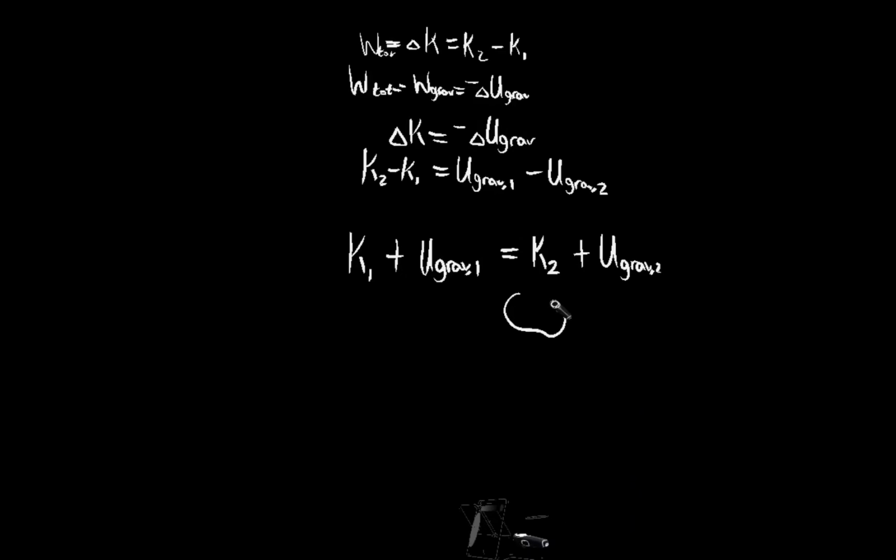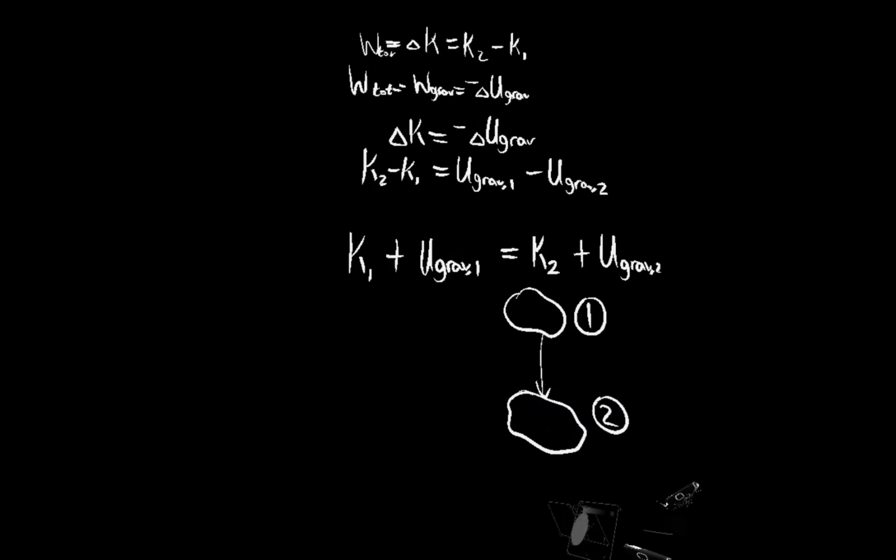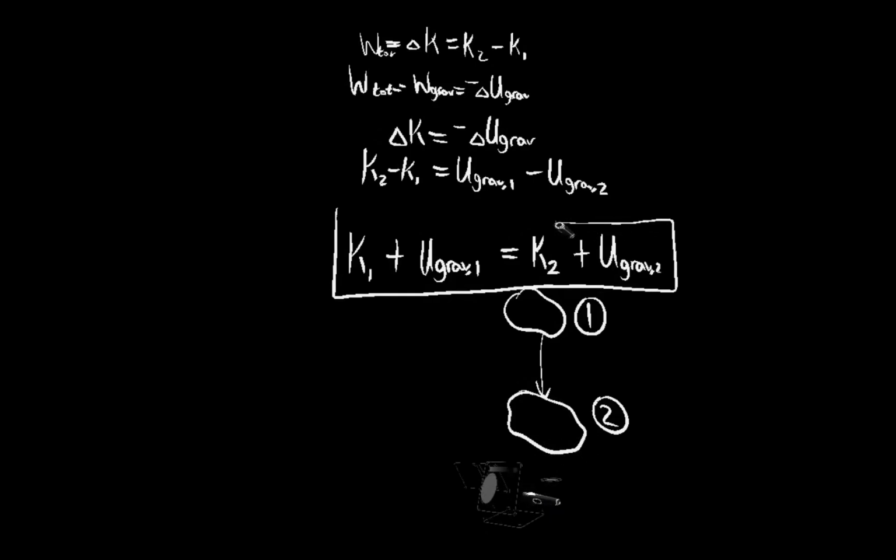So when the boulder is up high, and then when it is dropped down, this would be moment 1, and then the boulder is down here, and we have moment 2. So it has kinetic energy and potential energy at this position here, and it has kinetic energy and potential energy at this position here. And so what this tells us, which is very important, is that the combined kinetic and potential energies at each of those positions are equal. Whatever total kinetic plus potential energy it had here, it's the same total energy down here. It just may have traded between kinetic and potential a little bit.